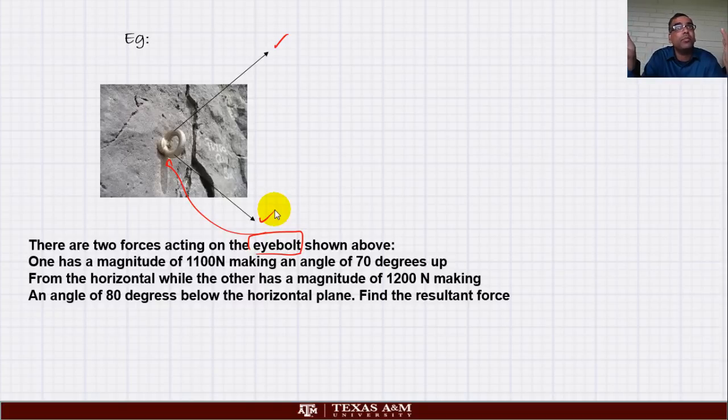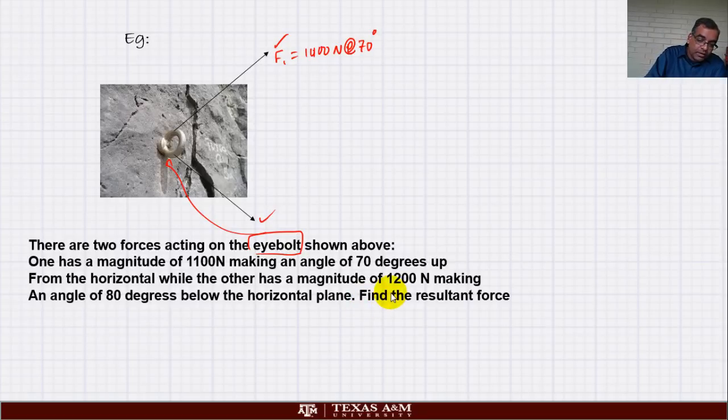So we want to be able to convert that into a picture. So here it goes. It says one has magnitude of 1100 newtons, making an angle of 70 degrees up from the horizontal. Which one do you think that's going to be? Is it obvious to you that this is the first one? F1 equal to 1100 newtons at 70 degrees from the horizontal.